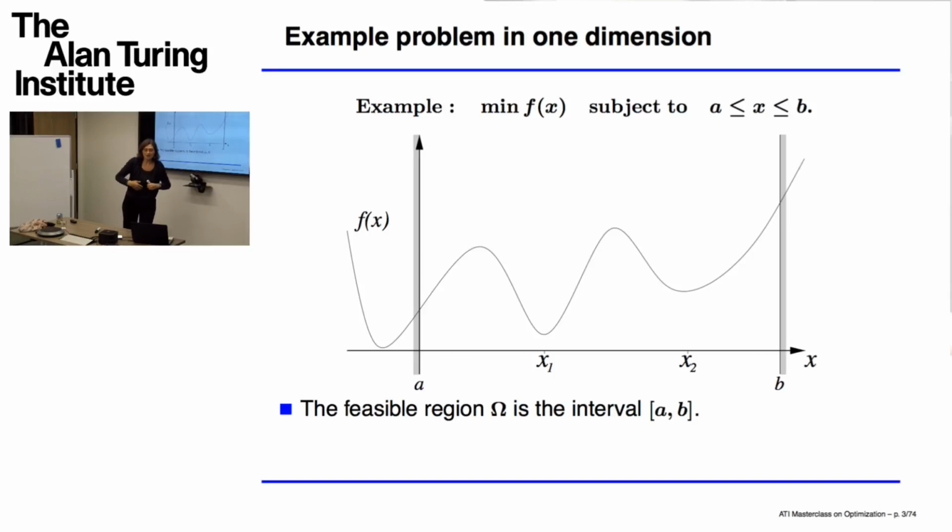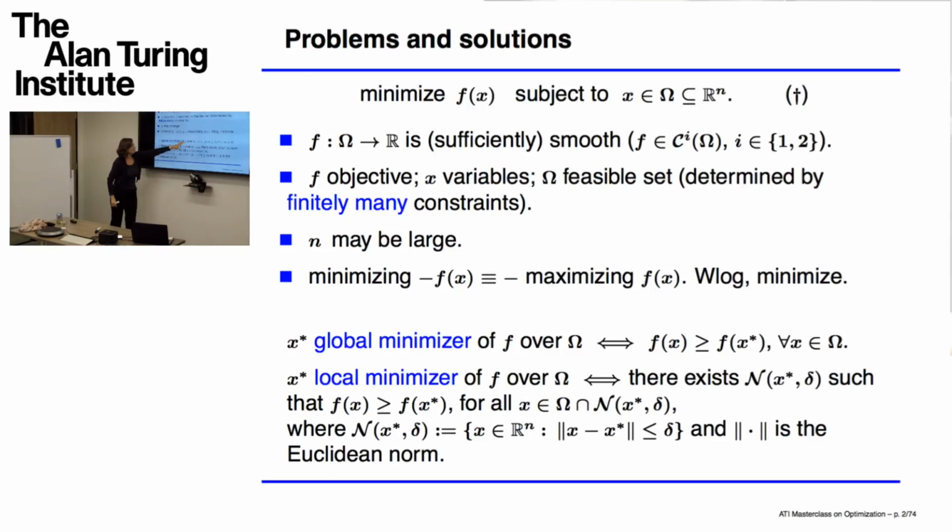Indeed, we can formalize these things and say that we have a global minimizer if x takes the smallest value in omega. We have a local minimizer if there is a neighborhood around this point where f takes its smallest value when we intersect it with the feasible set, where this neighborhood, we are in Rn, so we can define it with, say, the Euclidean norm.